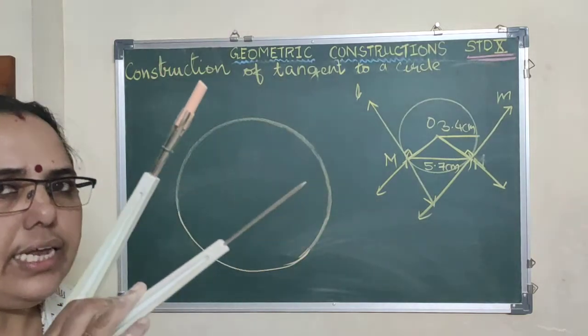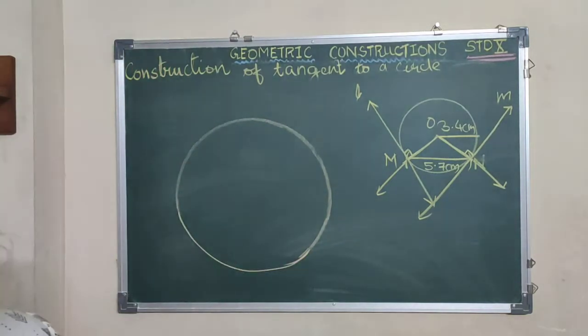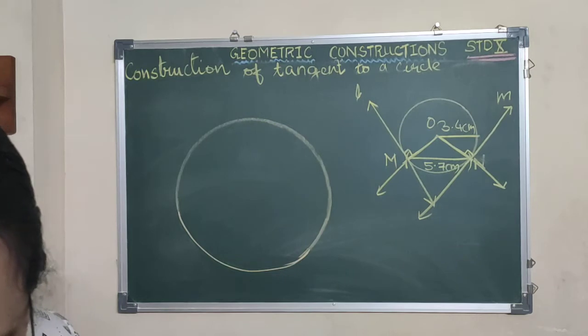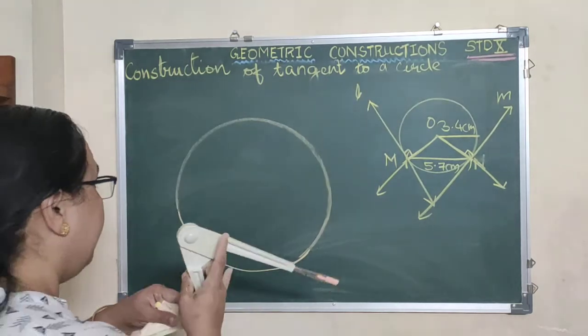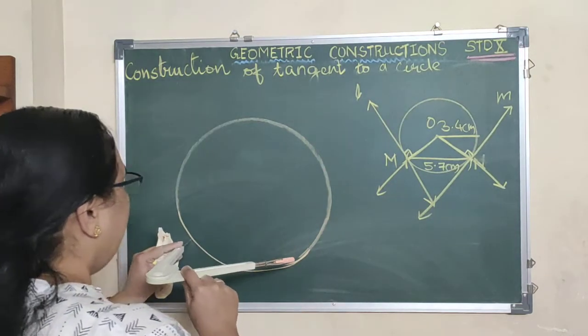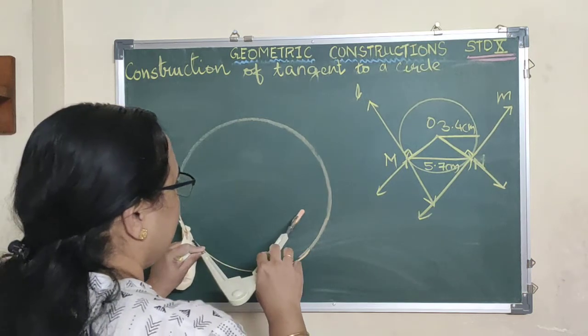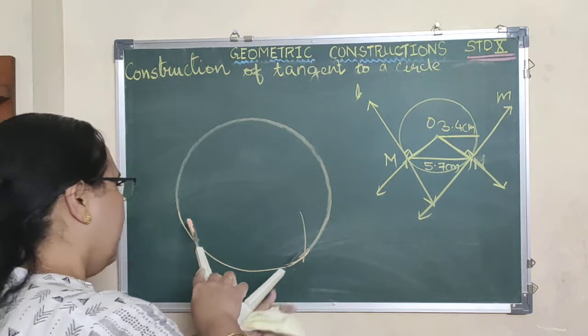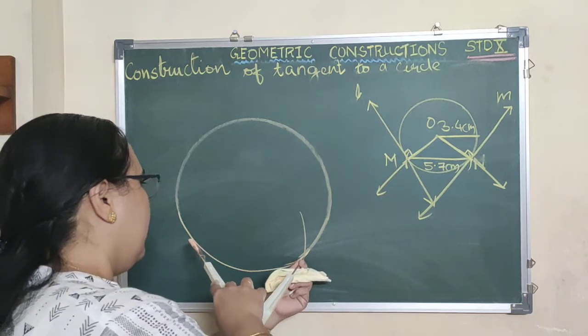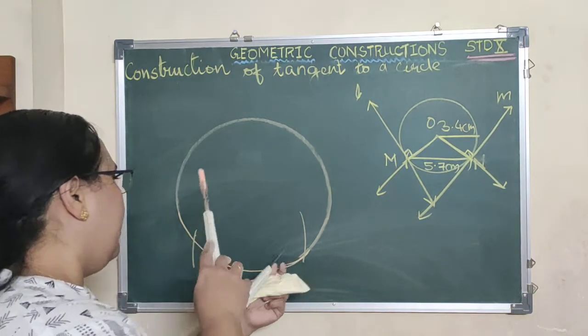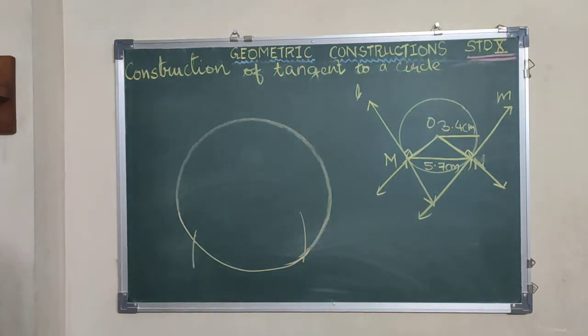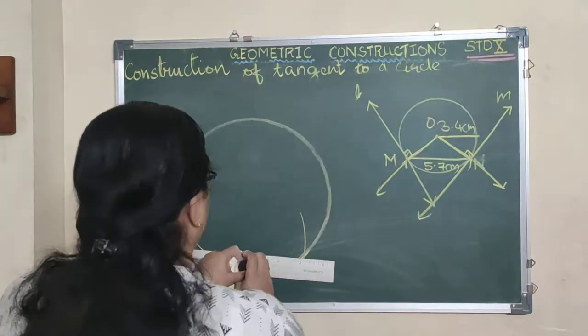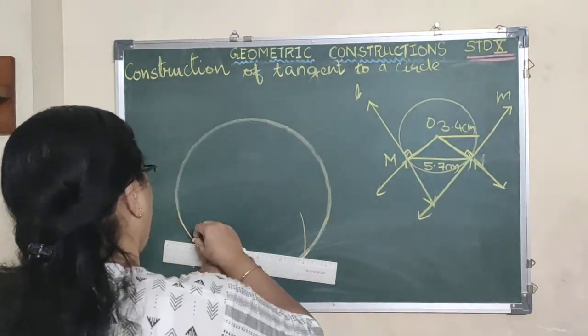With the help of the scale, take 5.7 in this compass, keep it at one point on the circle, and cut at the other end with the same distance. Do the same thing on the other end. So that is where you get your chord MN. Join this, that is chord MN.